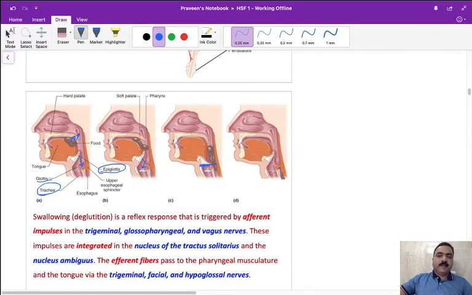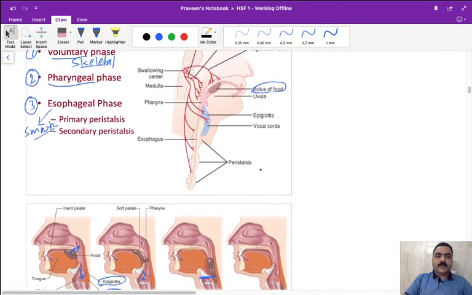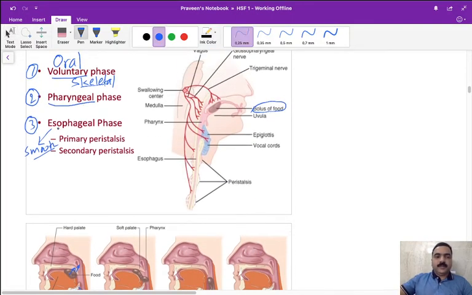Then once it has passed down through the upper esophageal sphincter, here you have your upper esophageal sphincter, we say the pharyngeal phase is over, and then we start the esophageal phase. The esophageal phase includes two peristalses, the primary peristalsis and the secondary.